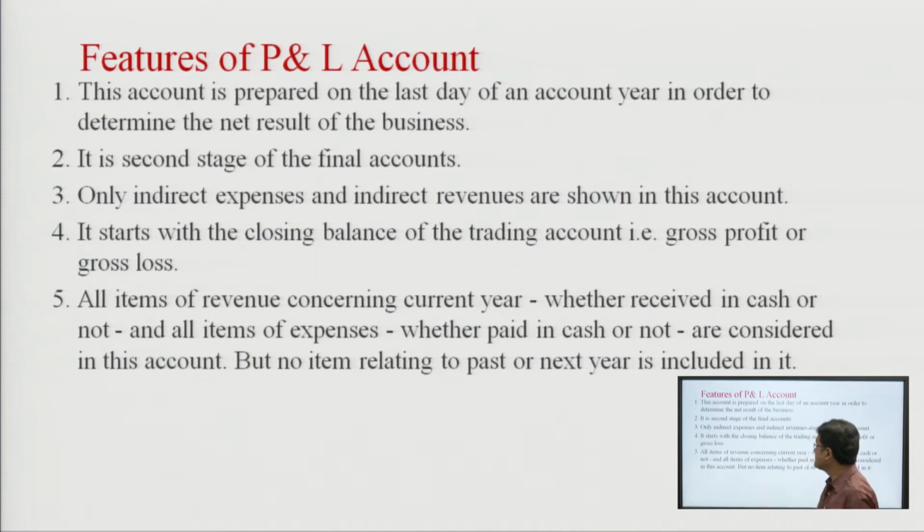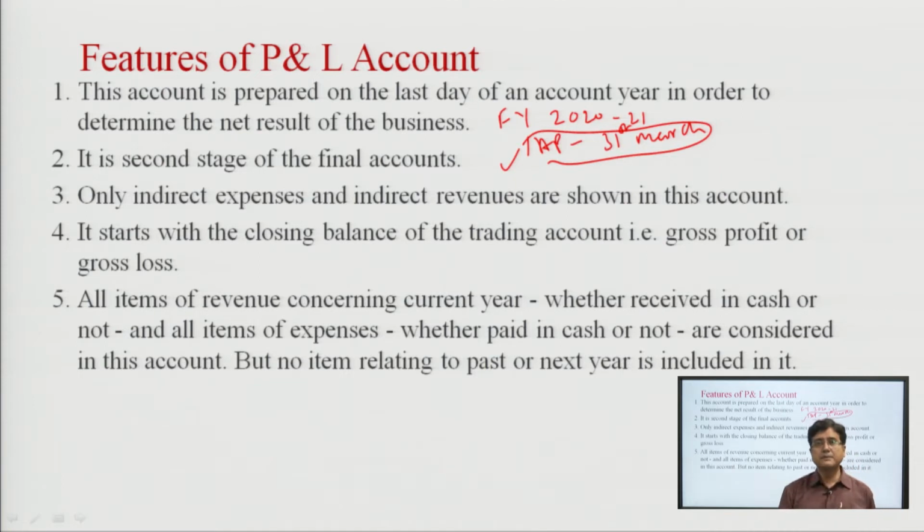For example, if financial year 2021 started from 1st April to 31st March, that means all the transactions from 1st April 2020 to 31st March 2021 are part of the financial statement, and the financial statement includes the profit and loss account.